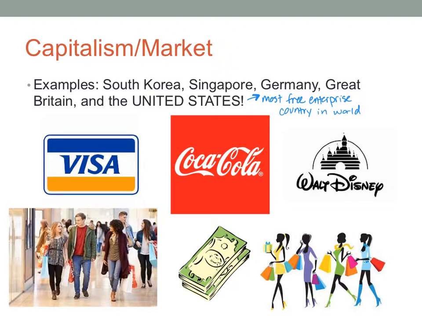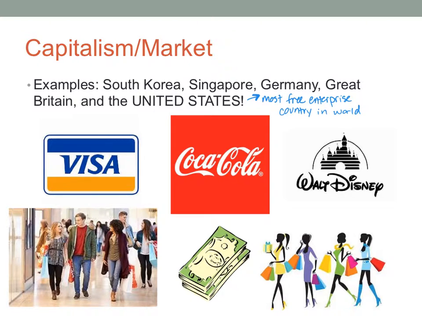And that happens because of capitalism, okay? That's not going to happen in a communist society or in a command economy because someone would have limited Walt Disney's creativity, right? A long time ago, he wouldn't have been able to make up Mickey Mouse, right?